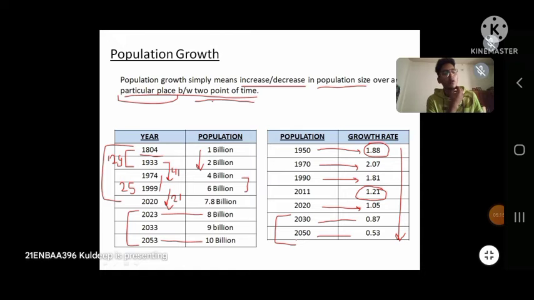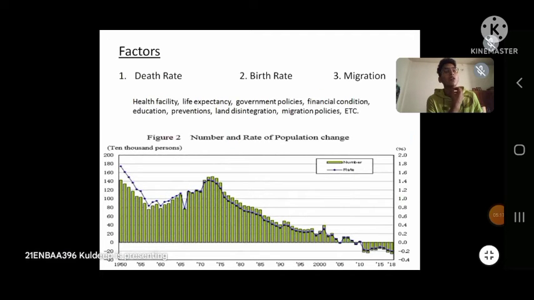Now let's move on. What are the factors that affect the population growth, either increasing or decreasing? The main three factors are the death rate, the birth rate and the migration. There are different opinions among people.